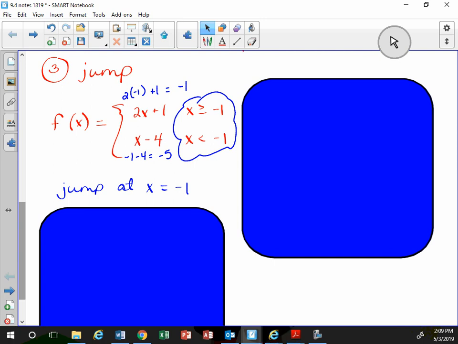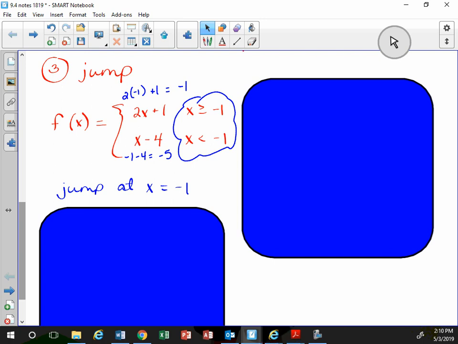At -1 for the first one, I get -1, and for the values greater than that, I know it here. So that's what one piece looks like, right? It is less than, and then that's the other piece. Okay. Does that help you see it? That's technically the graph of this.